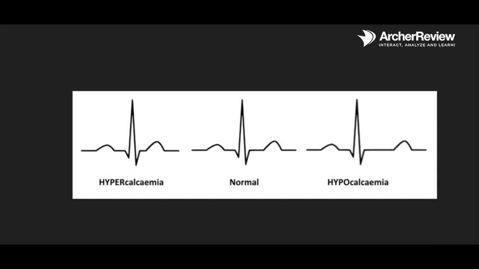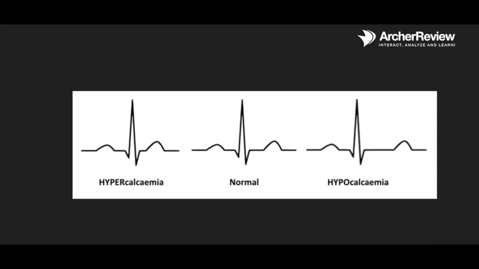It's much shorter there, that QT interval between the big spike and where that T wave comes. And then on the flip side, for hypocalcemia, we're seeing that QT interval is much wider. There's a lot more space after the QRS complex and before the T wave starts. So hypercalcemia decreases the QT interval, and hypocalcemia increases the QT interval.